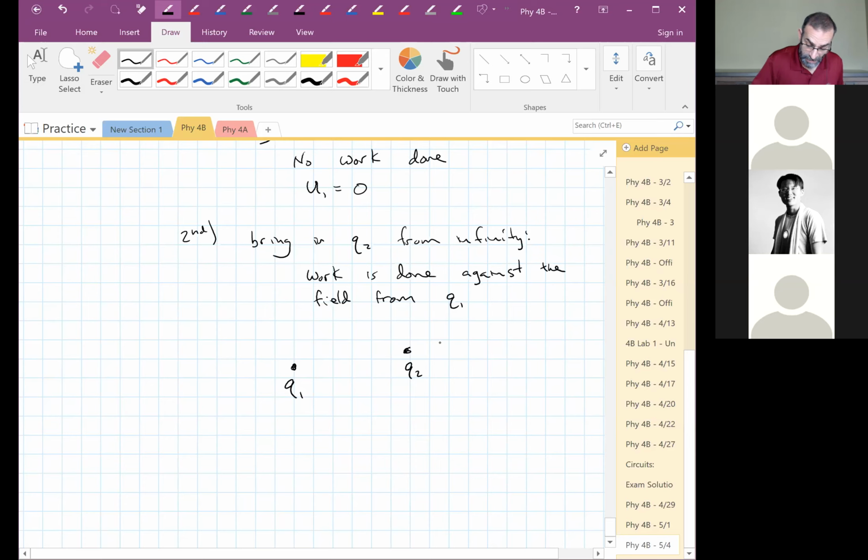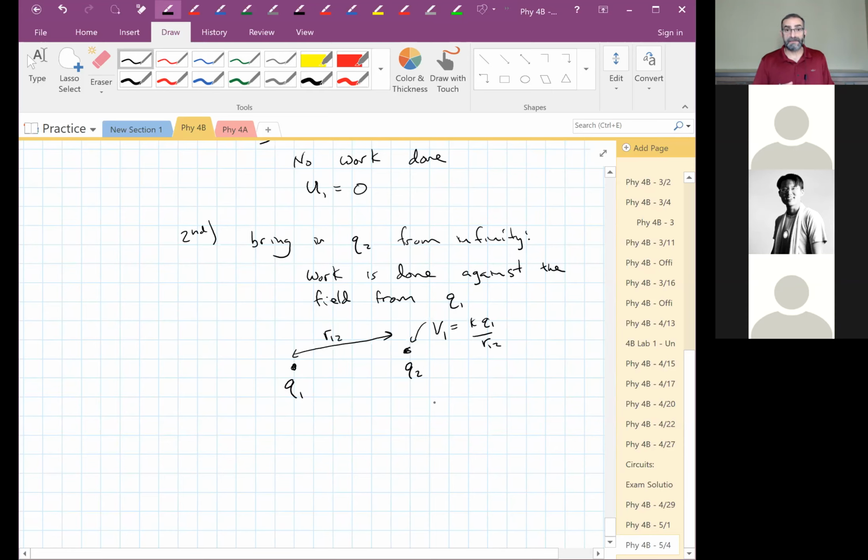So we say, what's the potential? Q2 started at 0 potential, right? Because the potential from a point charge is 0 at infinity. And it came into some other potential. I'll call it V1. And this distance we'll call R12. So we find the potential there. What is that equal to? K Q1 over R12, right?